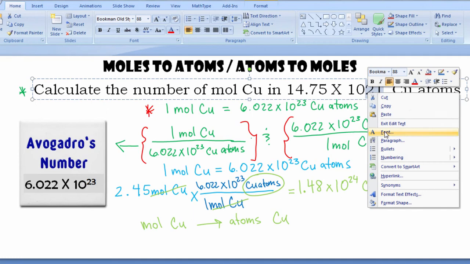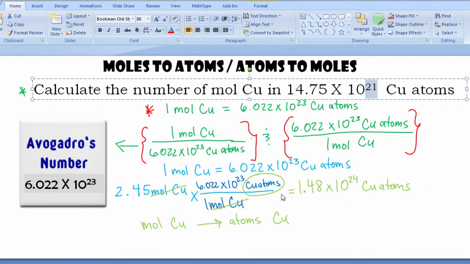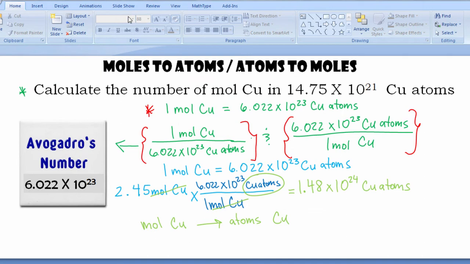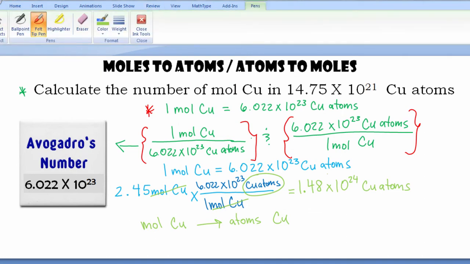Let's just say we wanted to calculate the number of moles present in this number of atoms. So, erase this down at the bottom.